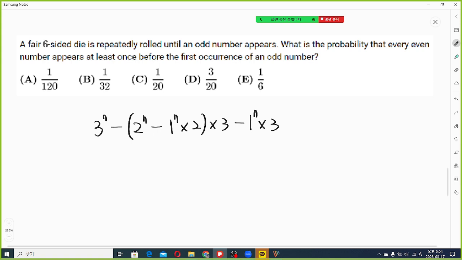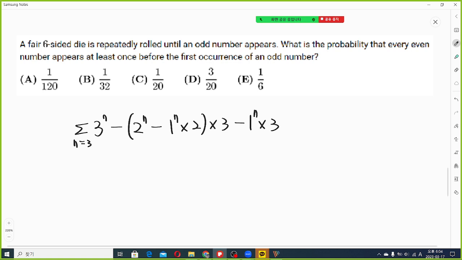And we start the number of trials at 3, because in this case one trial or two trials doesn't make sense. To make every even number appear, because there are three numbers, the minimum number of trials is 3. So we start from 3, and then this sequence goes to infinity.